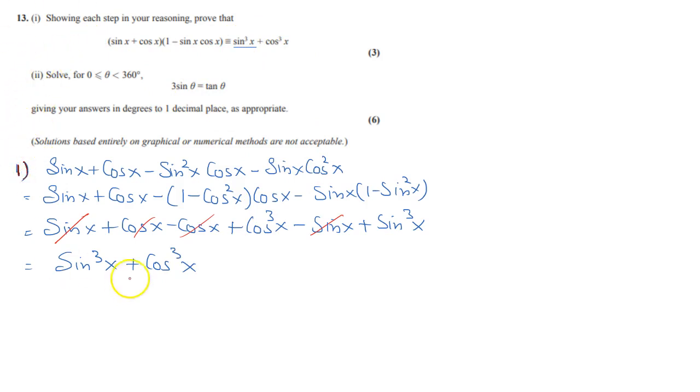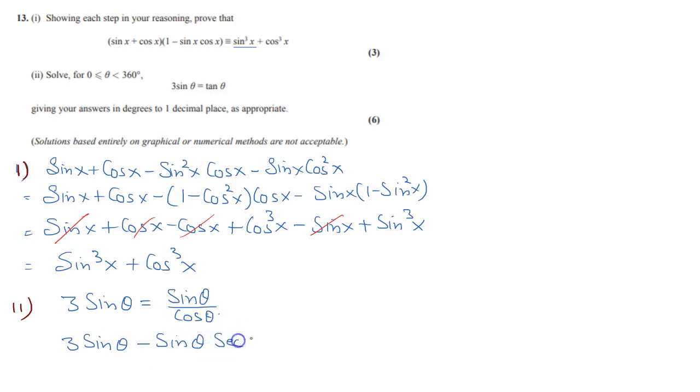Now second part. Theta is from 0 to 360 exclusive. 3 sine theta is equal to tan theta, which can be written as sine theta over cos theta. So 3 sine theta minus sine theta, 1 over cos theta I can write it as sec theta for the time being, is equal to 0.